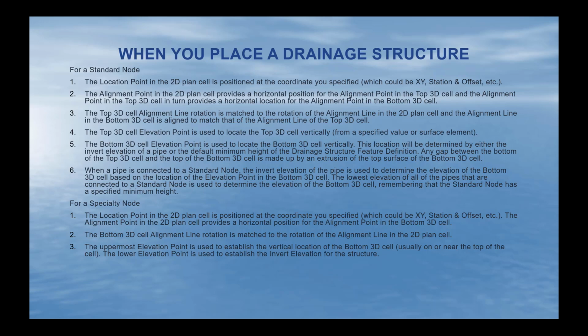So basically what that's saying is that you can change the elevation of the bottom slab of your 3D cell by lowering the invert of the pipes coming into that particular structure.